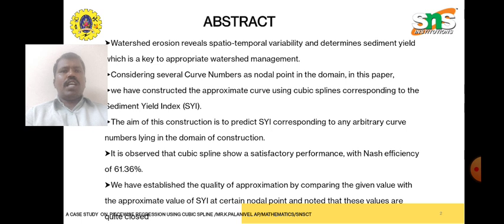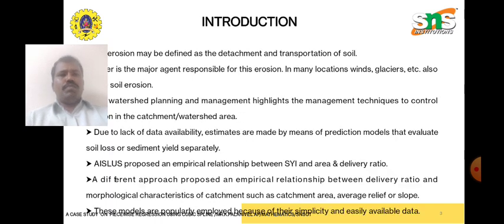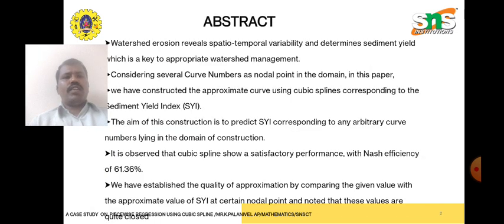Abstract. A watershed erosion study reveals spatio-temporal variability and determines sediment yield, which is key to appropriate watershed management, considering several curve numbers as nodal points in the domain. In this paper, we have constructed the approximate curve using cubic splines corresponding to the sediment yield index SYI.